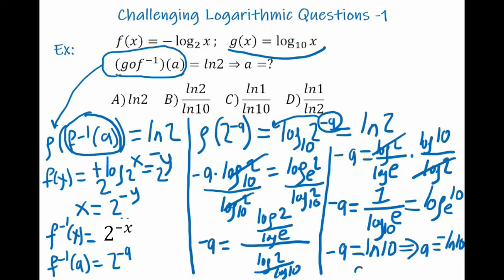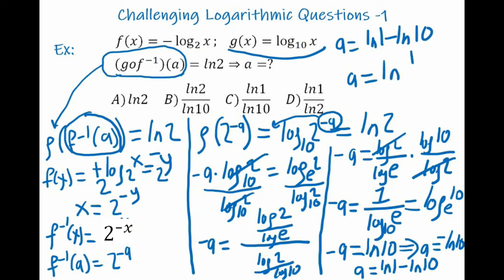So from here, a is, because of that negative sign, we can write this term as ln 1 minus ln 10. And then from here, if a is ln 1 minus ln 10, so a can be written as ln 1 divided by 10, guys. And that gives us the answer as C.